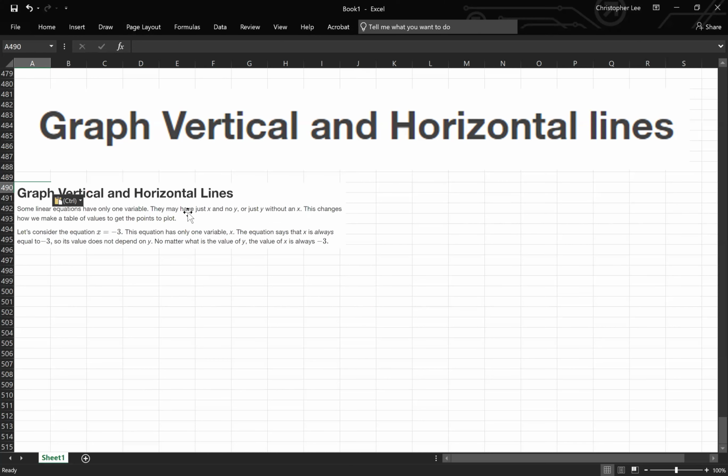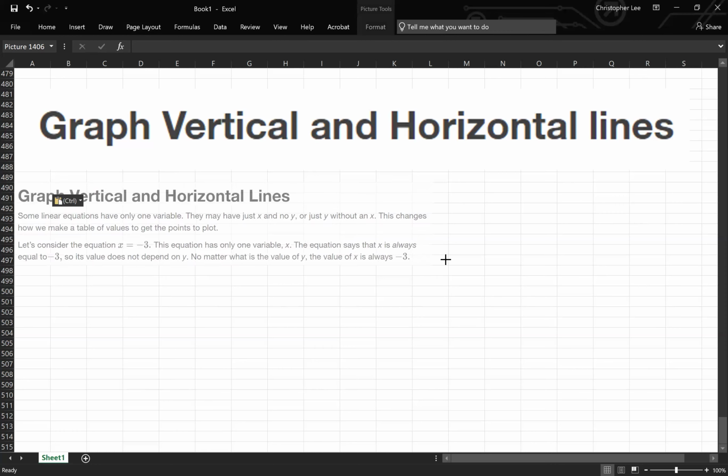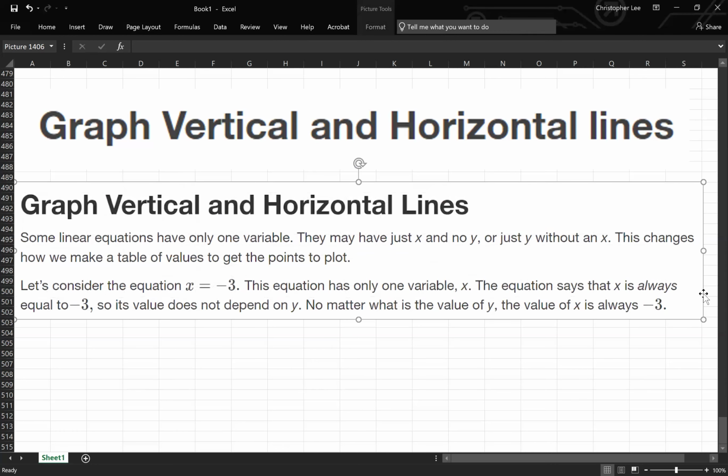Let's talk about it. So we're going to graph vertical and horizontal lines. Some linear equations have only one variable, right? They may have just an X and no Y, or just a Y without an X. This changes how we make a table of values to get the points to plot, right?